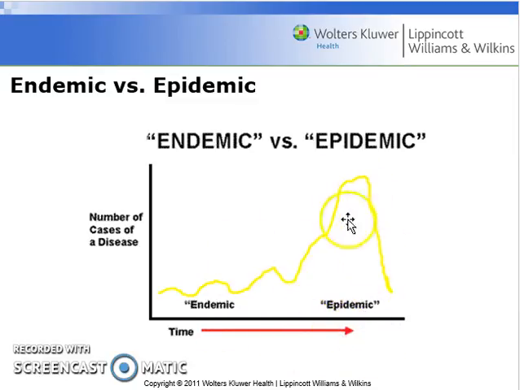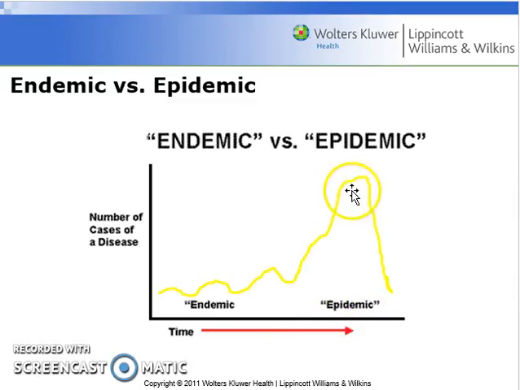So here's a nice timeline outlining the differences of endemic versus epidemic. Endemic here, you can see the number of cases of the disease are very low, and they stay with the population for a very long period of time. Epidemic, you can see the number of cases rise very quickly, in a very short time frame.